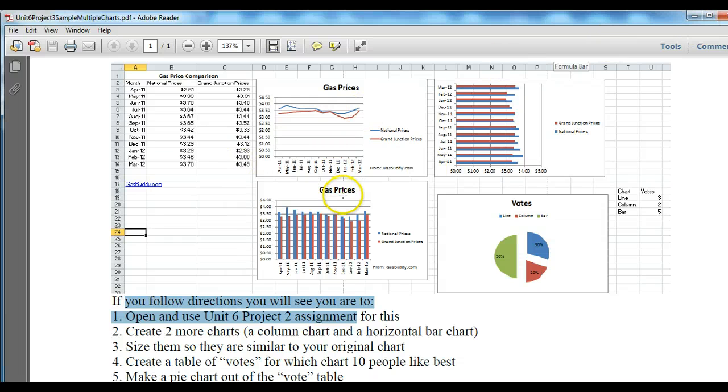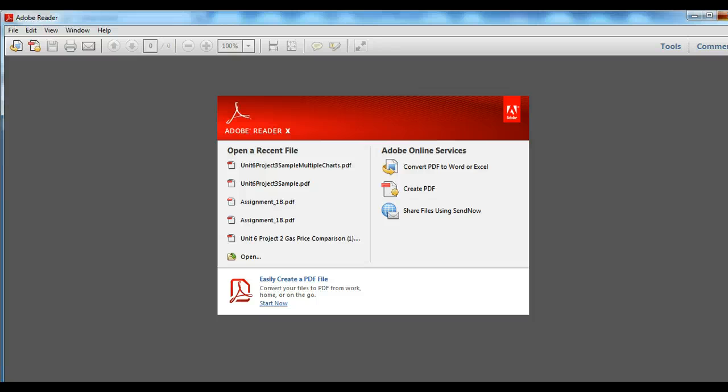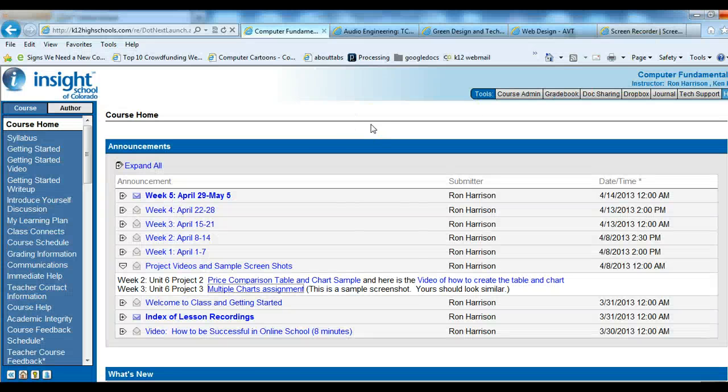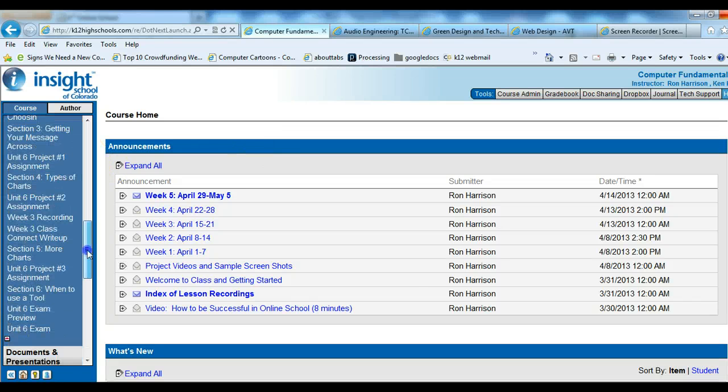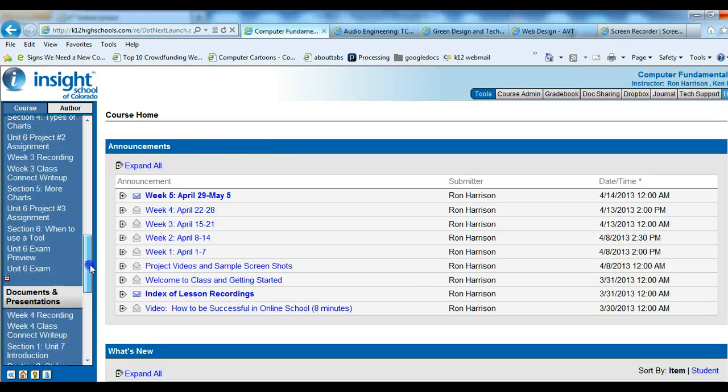And remember, there are videos in the lesson that show you how to make the horizontal and the vertical bar charts. And again, if you're using OpenOffice or a different version than is demonstrated in the course, you're going to have to go find the demonstrations to help you do it with the version of Excel you're using. Okay, so that's the more charts, Project 3 assignment we went over.